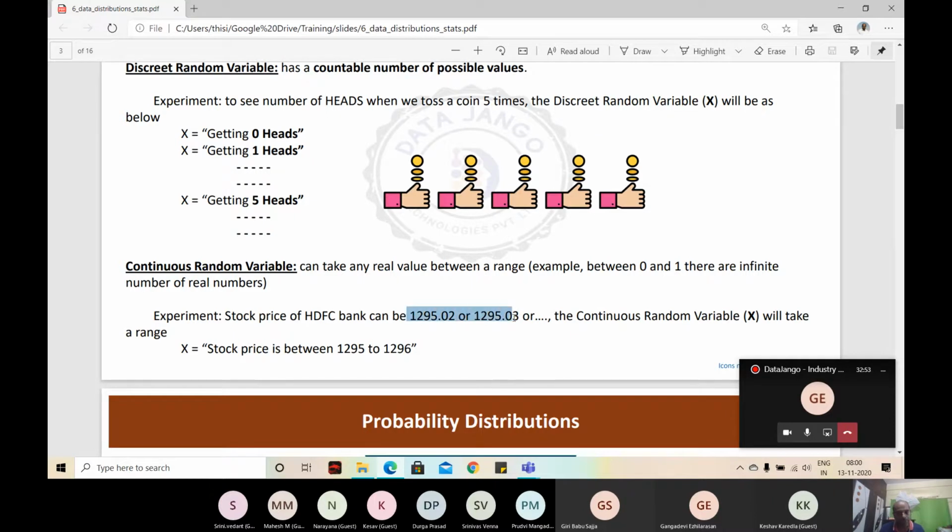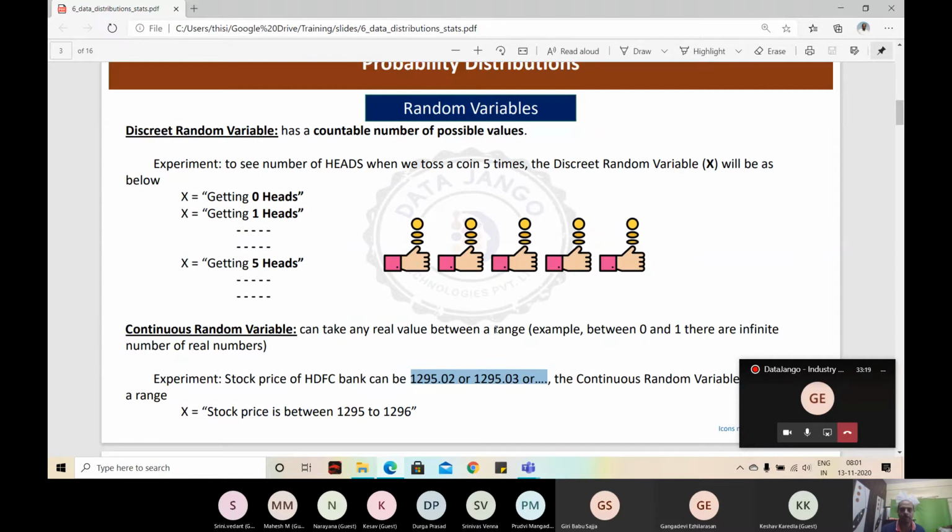If you take these two numbers, in between also there will be millions, billions of numbers. We can have an infinite number of numbers. If you take real numbers, because a stock price is a real number, the experiment is about a real number, then the variable which is trying to hold it is called a continuous random variable. Got it? Did you get the difference between discrete random variable and continuous random variable?